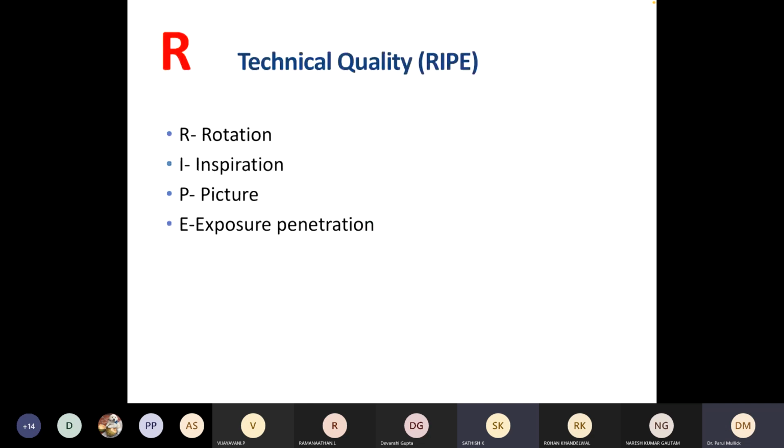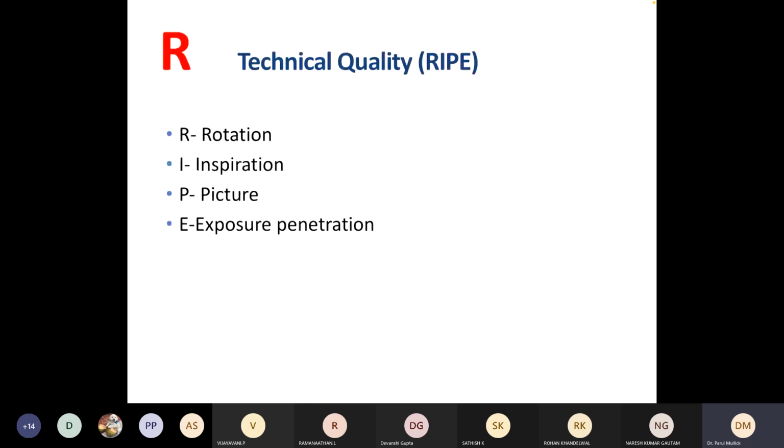Okay. So now the next most important thing that we need to do is assess the technical quality of the film. For this you have the mnemonic RIPE. So first we need to remember what to see; we should know the details of our patient. We have to confirm the film. Then we go for the technical quality, in which you look at rotation, inspiration, picture, and exposure, penetration.